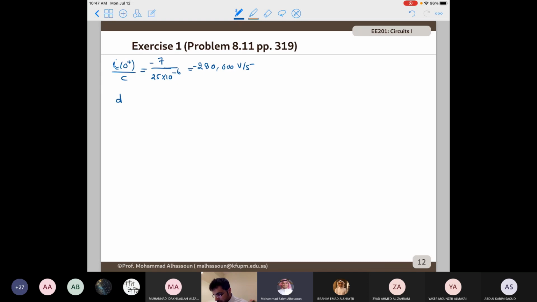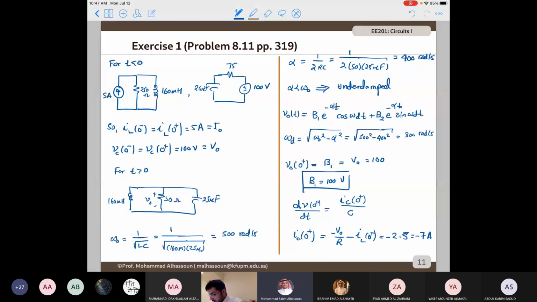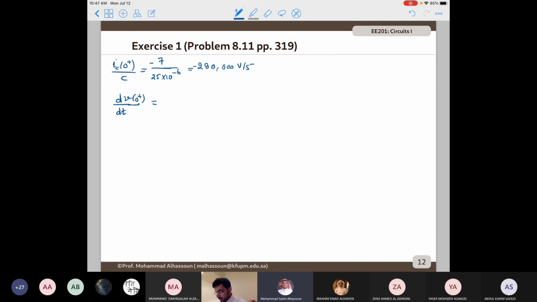And if I differentiate this equation and evaluate it at 0, I will get minus alpha B1 plus omega D B2 equals, remember this term is equal to IC divided by C, which we found to be negative 280,000.